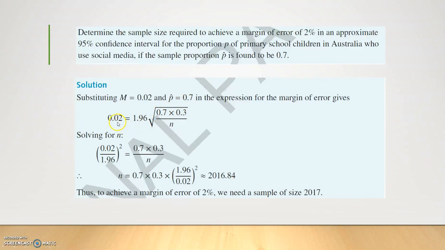We sub 0.02 into the formula for m and we are going to work out the value of n. When this value is substituted in, we find that n is equal to 0.7 times 0.3 times 1.96 over 0.02 squared, and our value comes out to be 2016.84. This means that to achieve a margin of error of 2%, we need a sample size to be at least 2017.